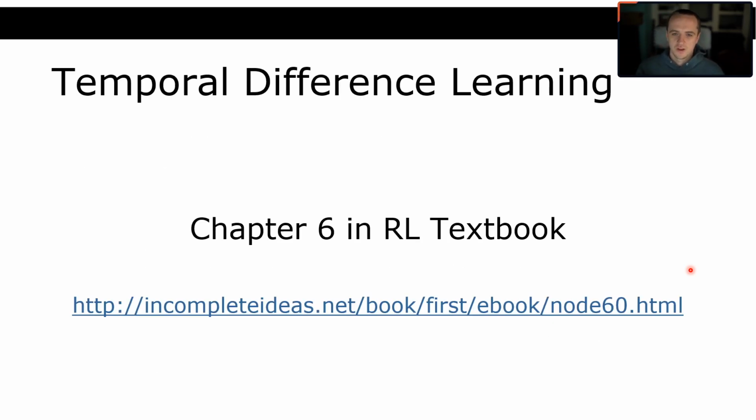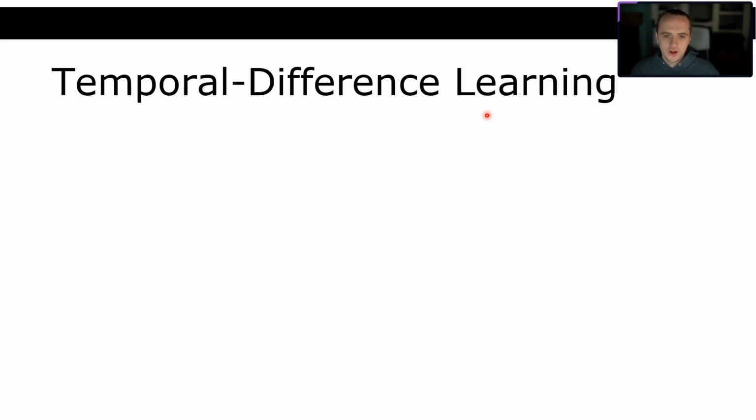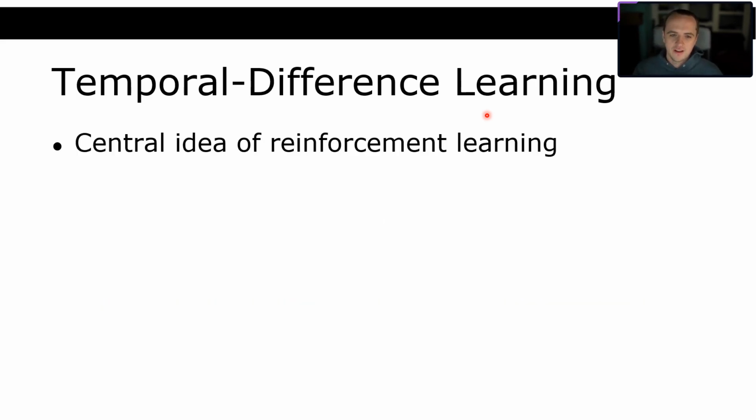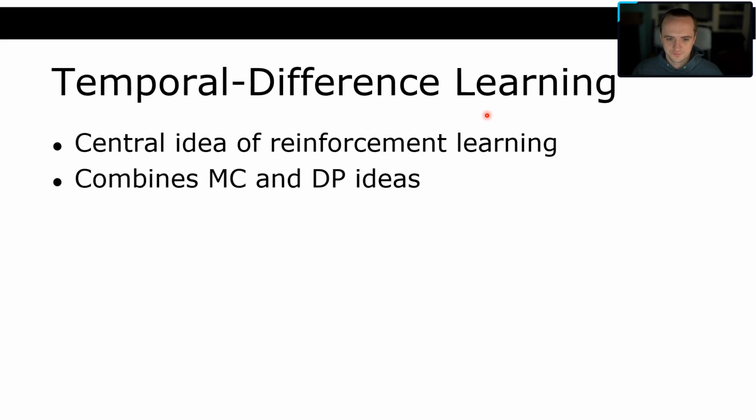Okay, so now we're going to get into temporal difference learning, and that's in chapter 6 of the reinforcement learning textbook, and I've just included a link here for you. So what is temporal difference learning? It is a central idea of reinforcement learning. It's very, very important. And this is where, I guess, modern reinforcement learning sort of starts.